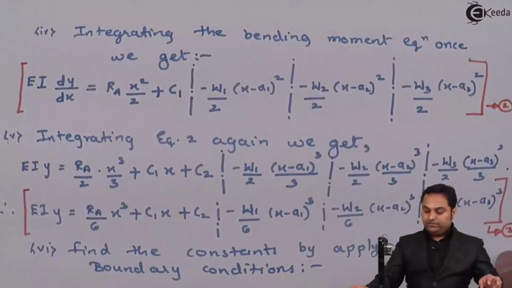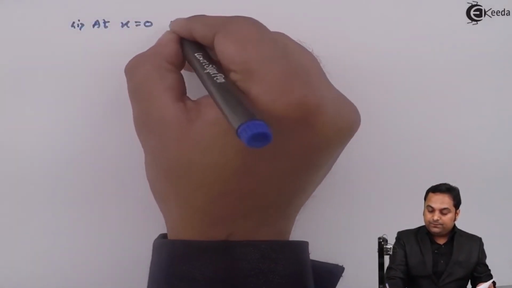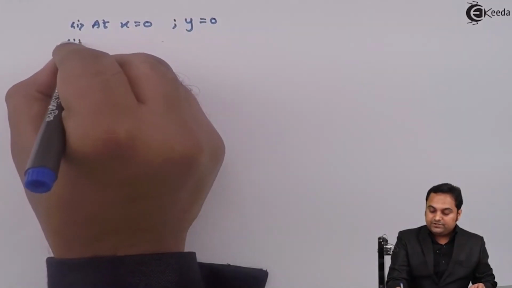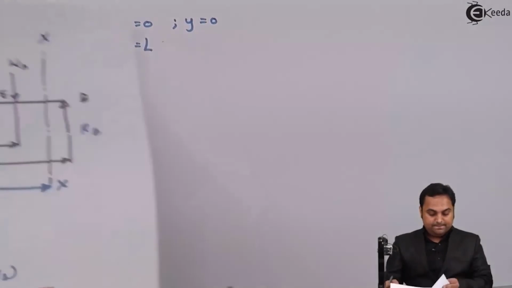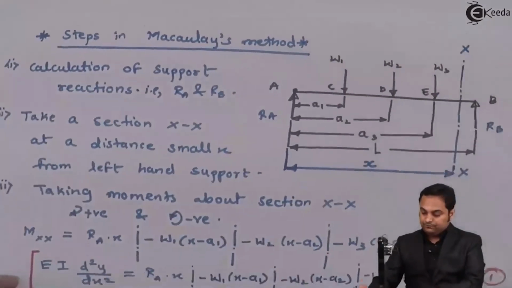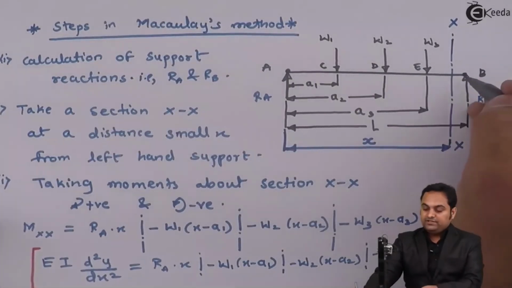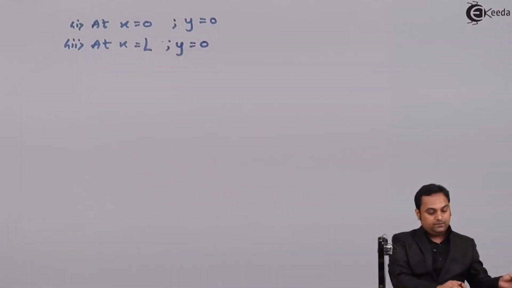So the first boundary condition would be at x is equal to 0, y is 0, and the second boundary condition is at x is equal to capital L, y is again 0, so deflection is 0.